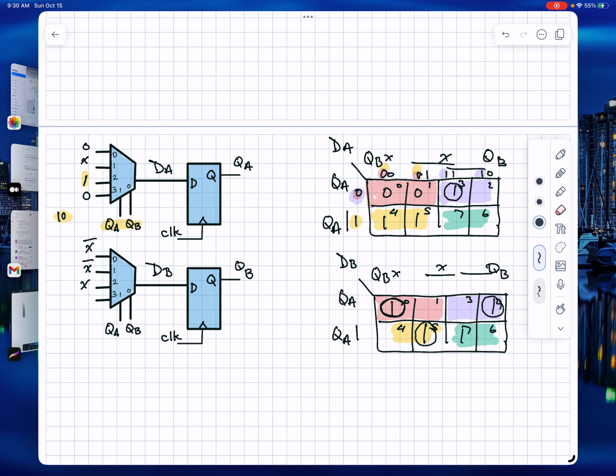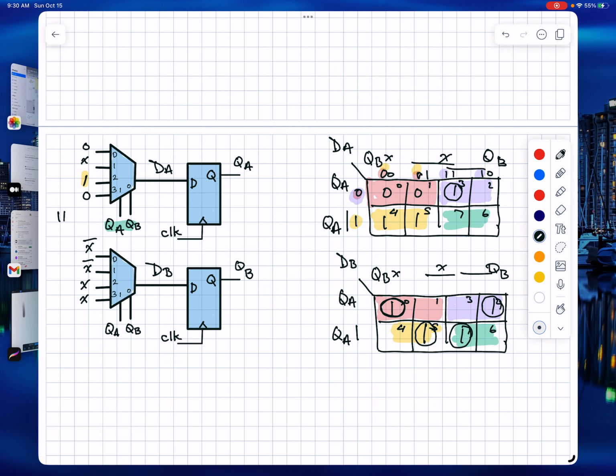We're switching to 1, 1, and this would be green. So that's a 0. Then if I did the circling on the Karnaugh map, that's in the X region of the reduced Karnaugh map, so this would be X.